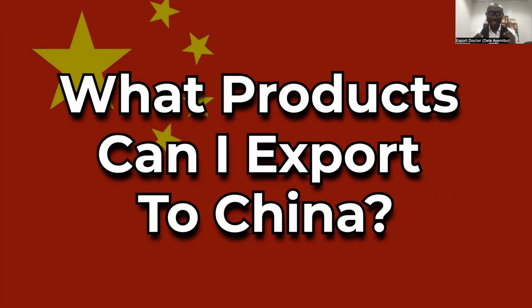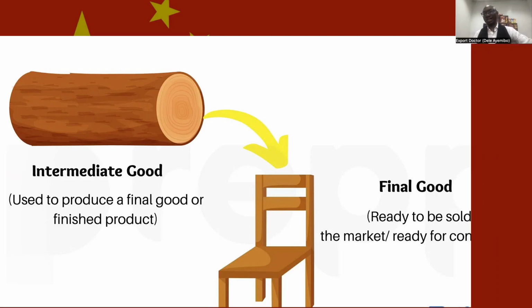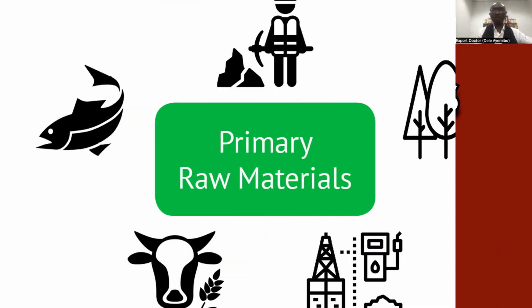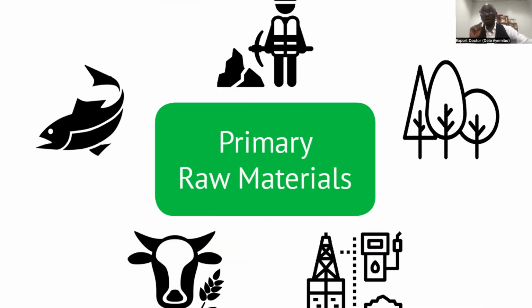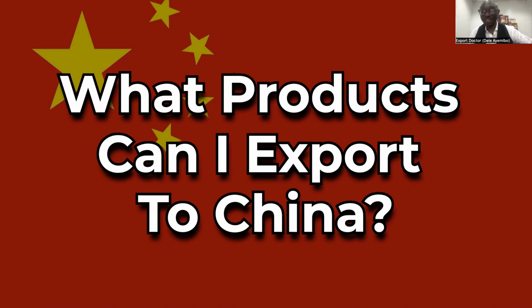And China, being a highly industrialized nation, purchases a lot of these kinds of products, particularly primary raw materials and intermediate products, because all these help them create jobs for their people. As a matter of fact, I'm aware there are some products you can't export finished to China, because they must be processed in China.